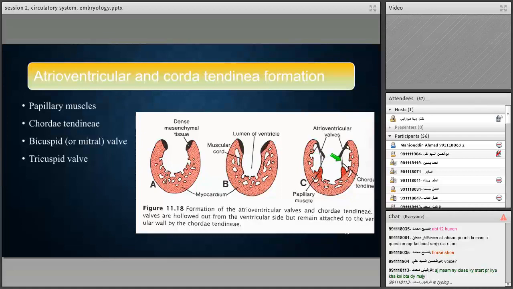The other parts of the muscle in the ventricle are degenerating because of the blood flow. Because of the blood flow, we can see that the muscle is degenerating. Yes, and the chorda tendinae are connected to the muscles of the ventricular wall via the papillary muscles.